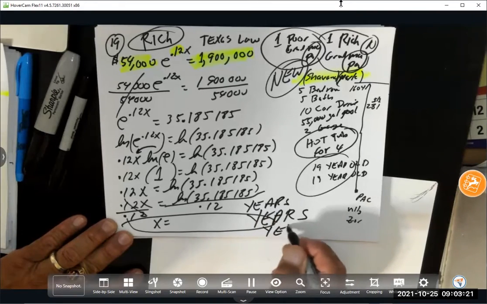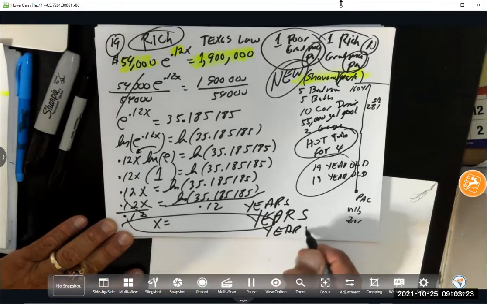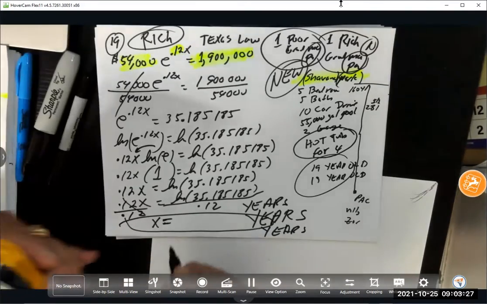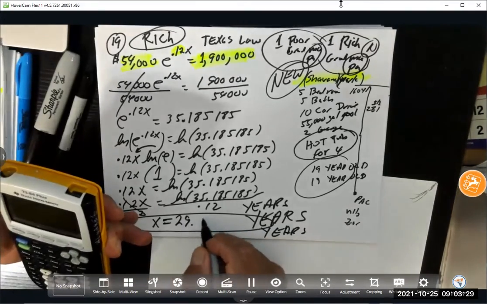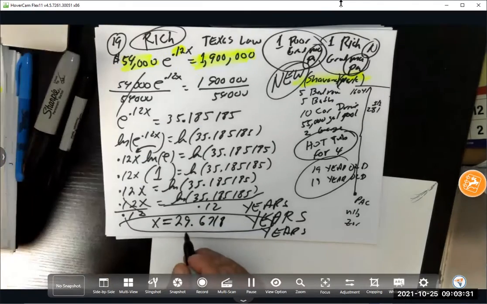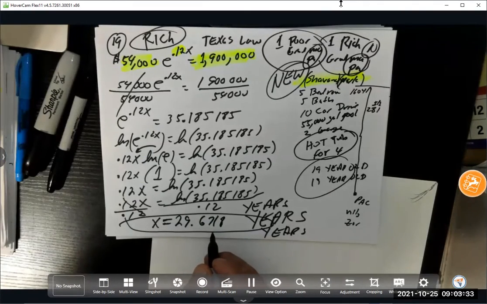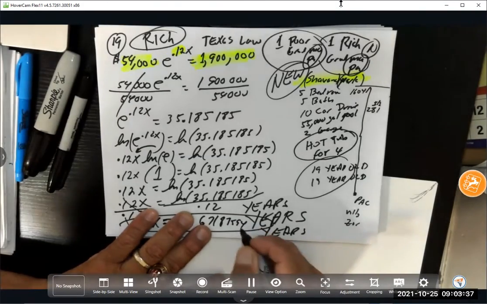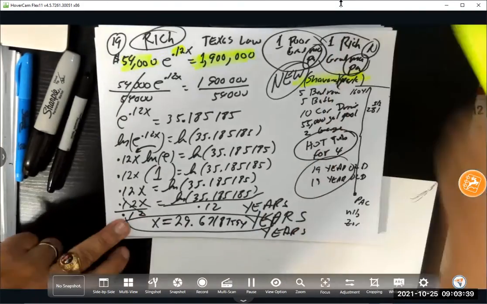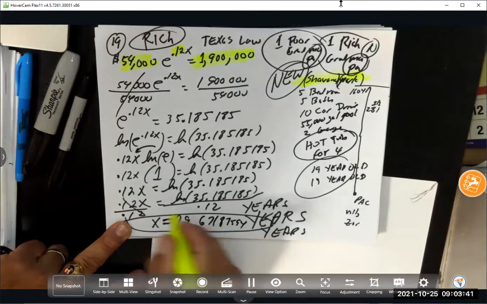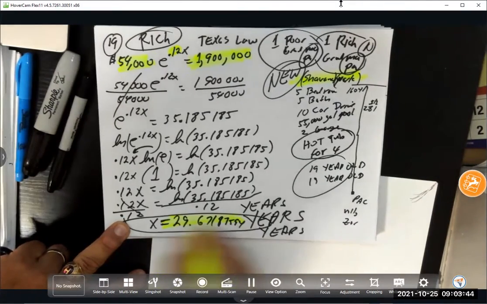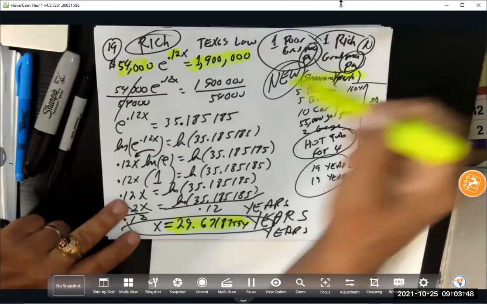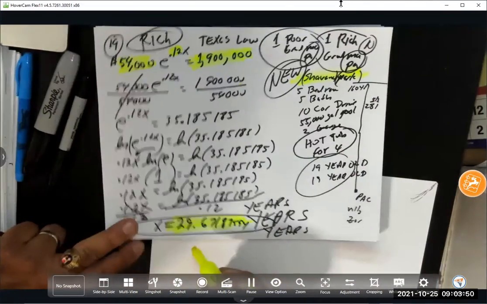How many years do they have to stay there? 29.6718. Okay, so they're going to have to stay in this neighborhood 29.67 years.